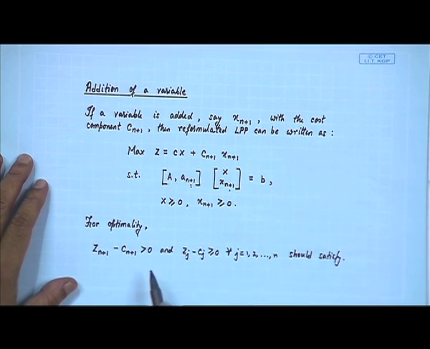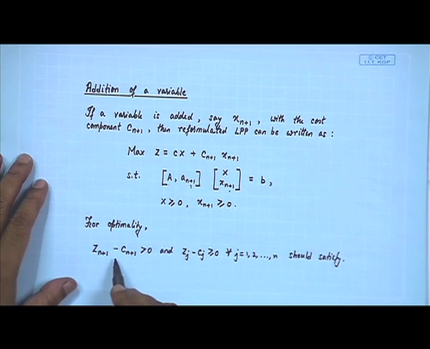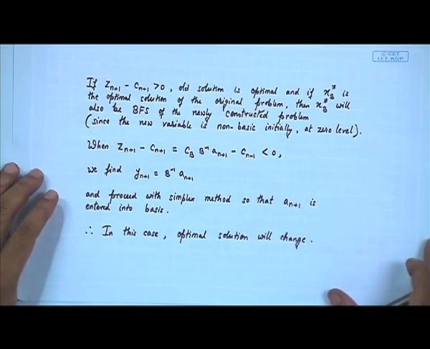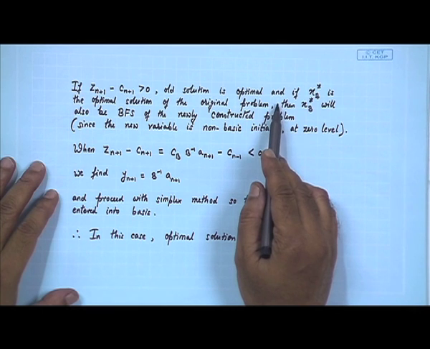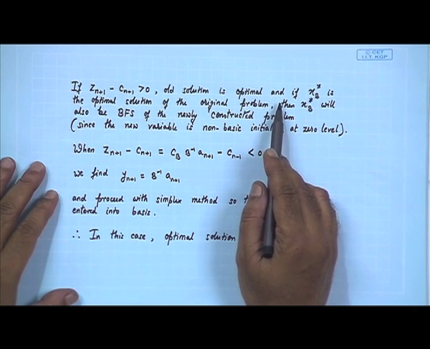Now, for optimality, z_{n+1} minus c_{n+1} should be greater than or equal to 0, and z_j minus c_j is already satisfied for the old problem. Along with that, for optimality, z_{n+1} minus c_{n+1} also should be greater than or equal to 0. Therefore, if z_{n+1} minus c_{n+1} is greater than or equal to 0, the old solution is optimal, because there is no change.